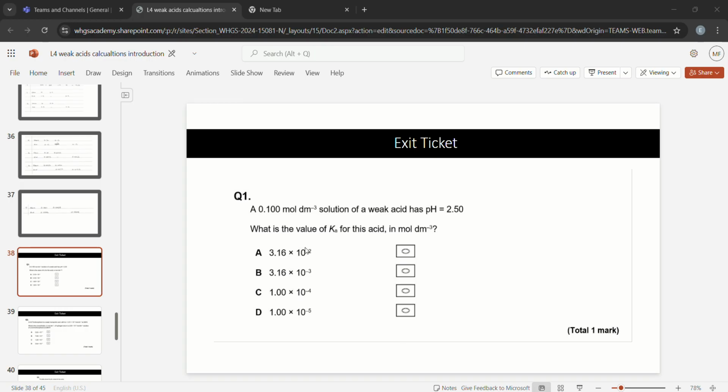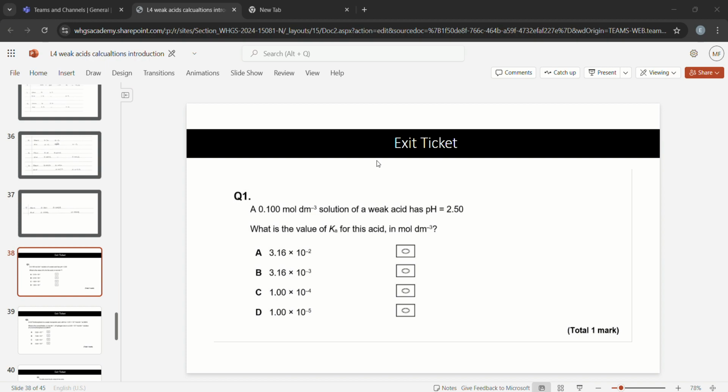Question 5. Now this one definitely does not look easy at all, because of the link between organic chemistry and now physical chemistry, but it shouldn't be too hard. It says this question is based on the compounds shown in the reaction scheme below. Okay, a 0.100 mole per dm cubed solution of X is found to have a pH of that.